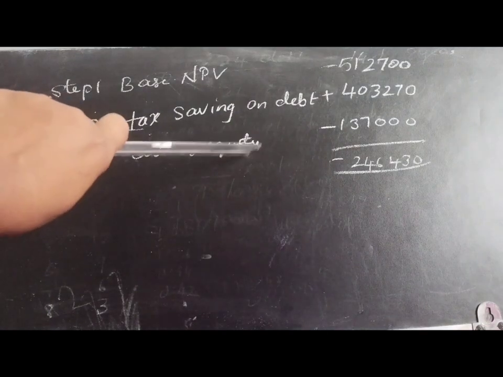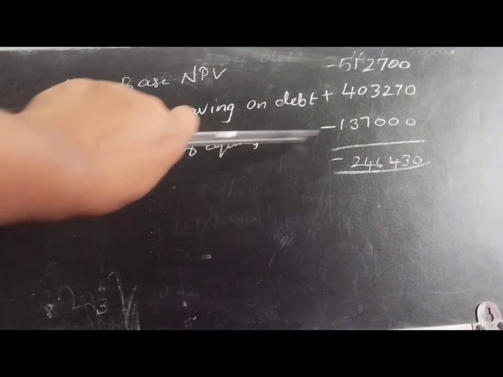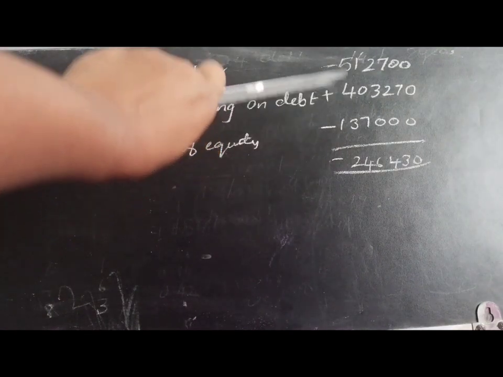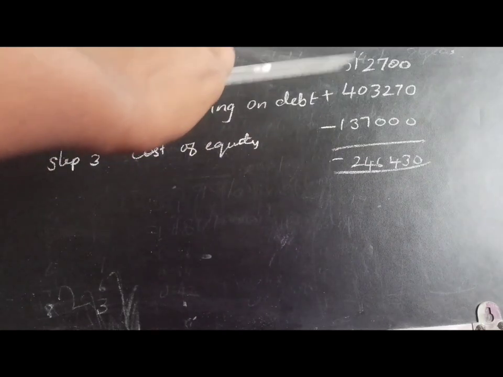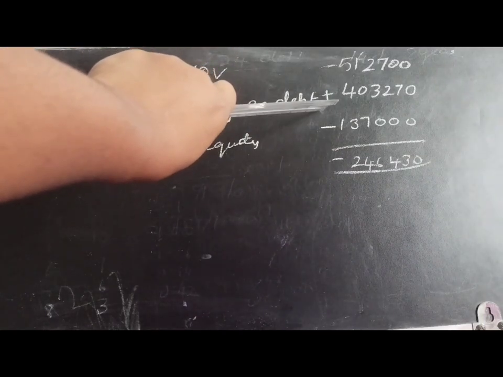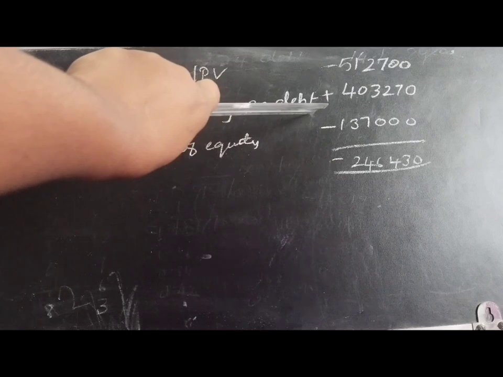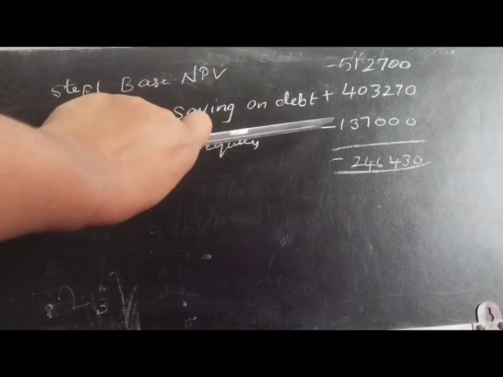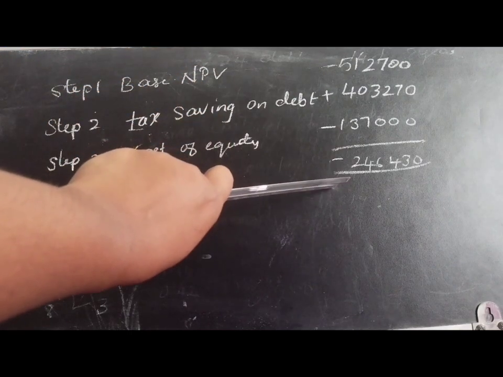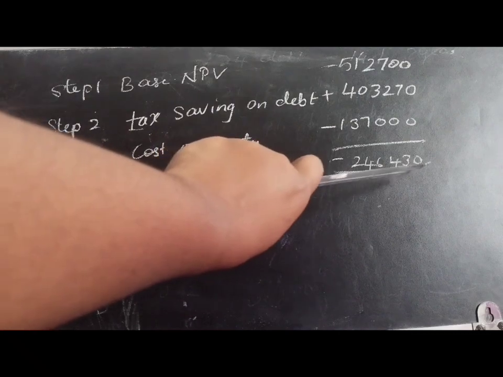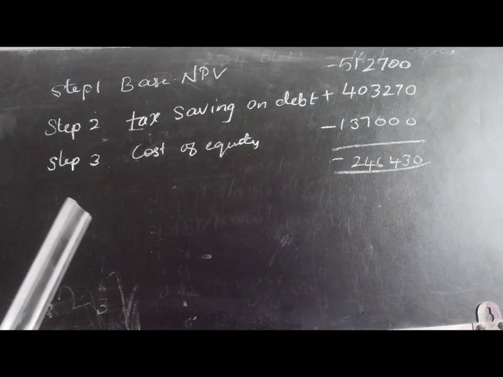Cost of equity is what we are paying on the equity, so we have to deduct this amount. NPV is already negative, then since it is a cash inflow, we add this amount, then we deduct this cost, we will get minus 2,46,430. So what is the decision rule?